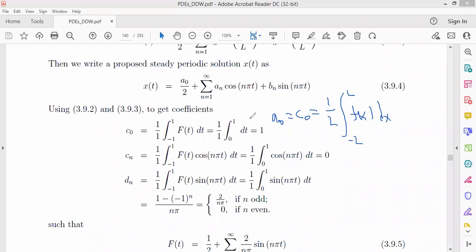Once you substitute in here, you get C naught as 1. We have established Cn as 0, and we have got our Dn to be this solution here.